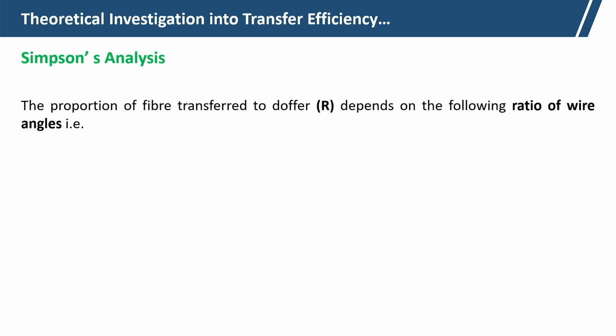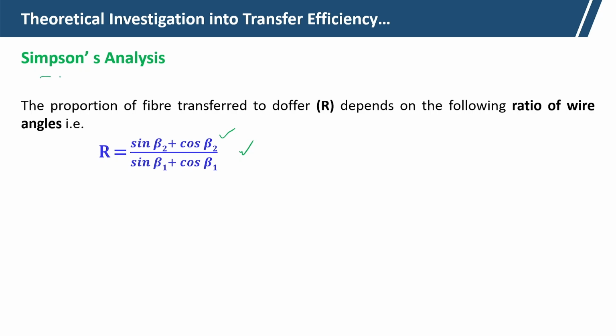So, last Simpson's analysis is that the proportion of fiber transferred to doffer depends on the following ratio of the wear point angle. That is, R equal to sin beta 2 plus cos beta 1 divided by sin beta 1 by cos.